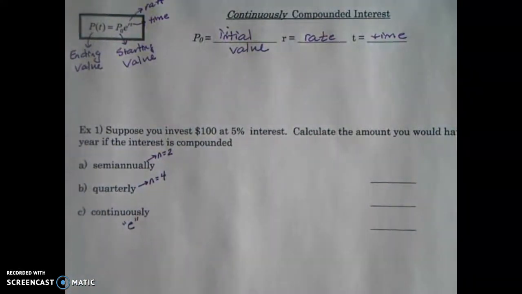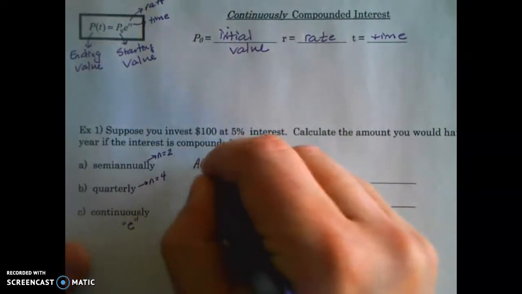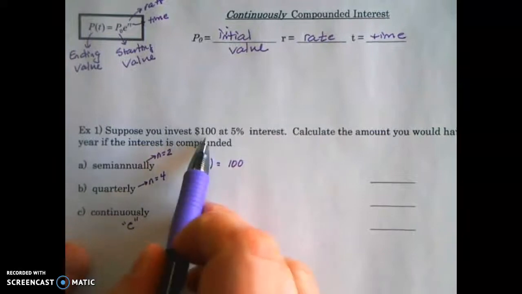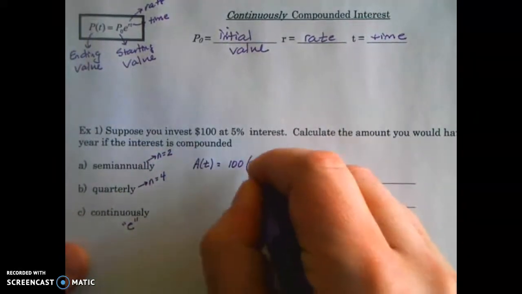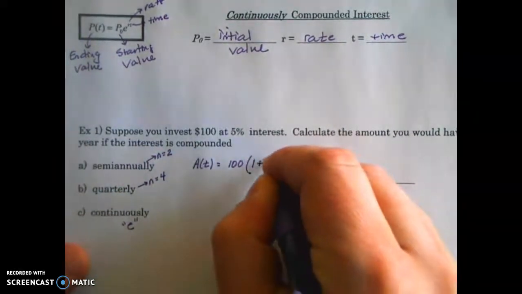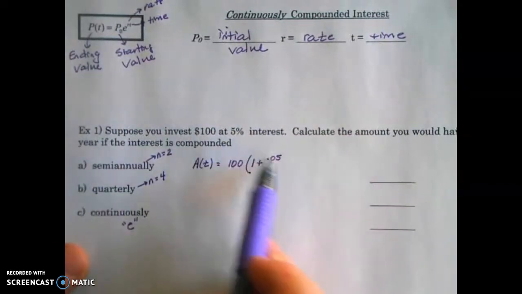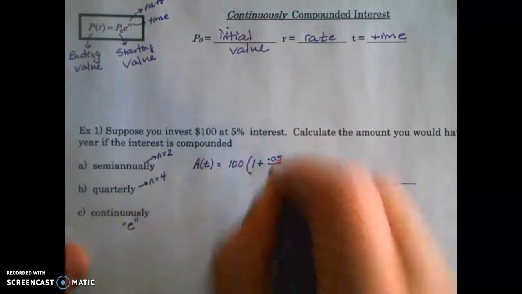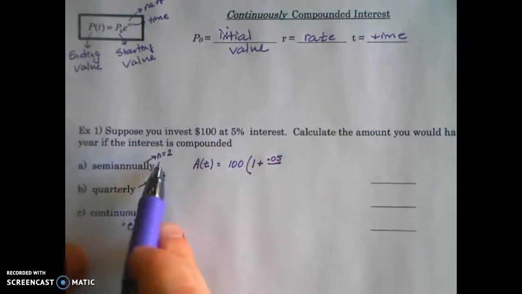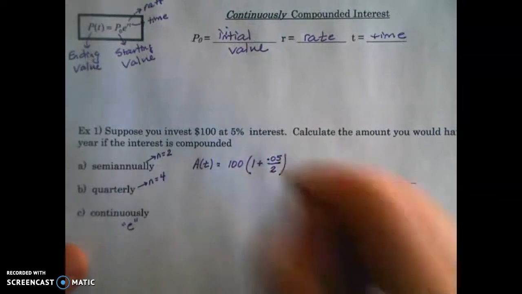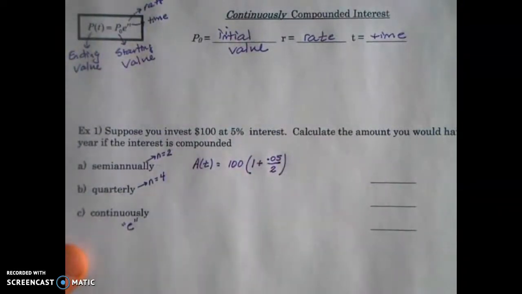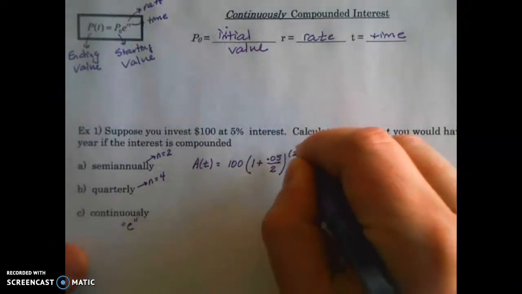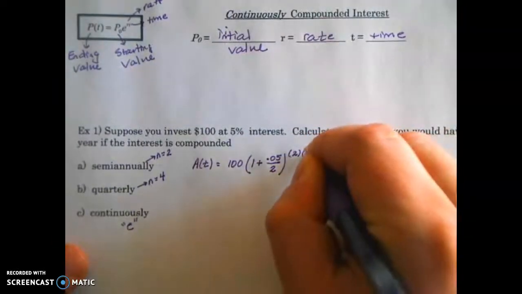So A sub T for this first one should equal 100, there's our initial investment, $100, times 1 plus 0.05, that's how we write 5% into a formula as a decimal, over N, the number of times per year it's compounding, here would be 2, and then to the N times T. So that would be 2 times, it says 1 year.